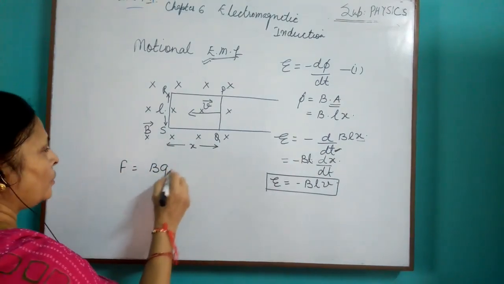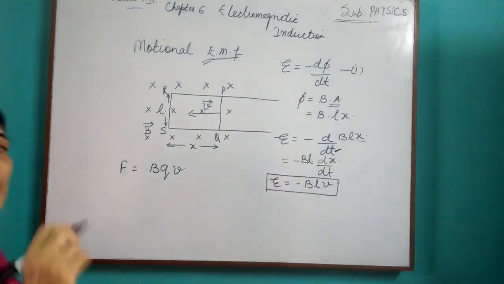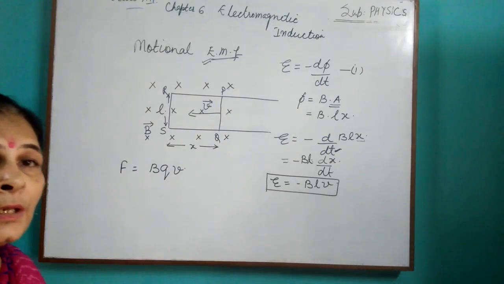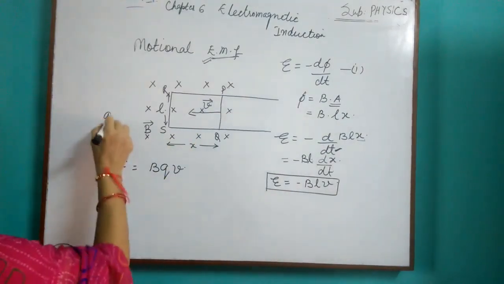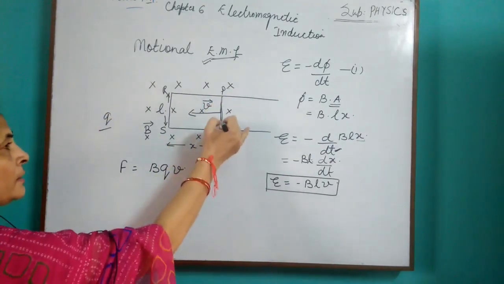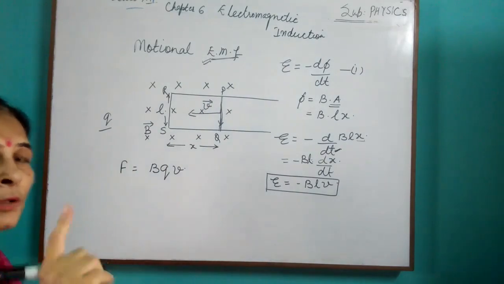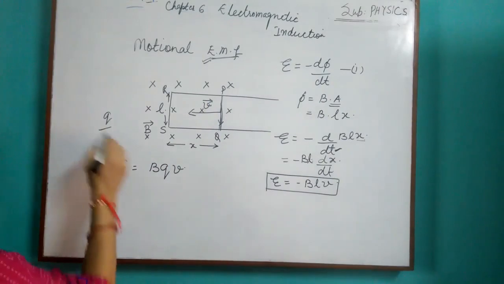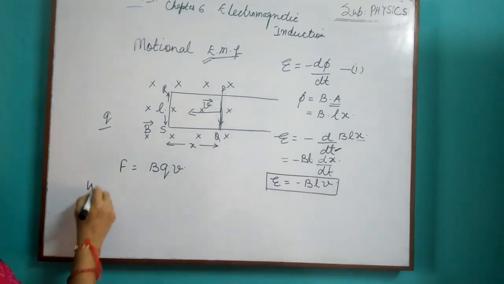BQV. So how much is the work done in moving a charge? Now take any arbitrary charge, say Q, moving inside the conductor PQ, and certainly the charge will be moving from P to Q. The force acting on it will be the Lorentz force. So how much will be the work done?